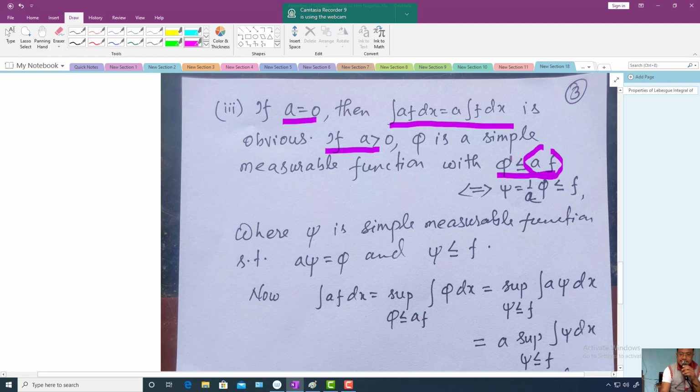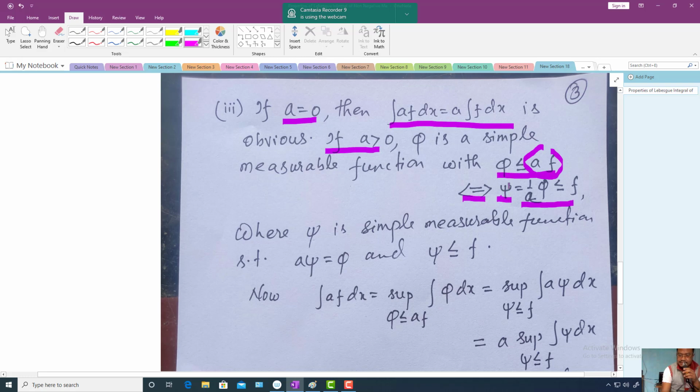Whenever you take one simple measurable function phi which is less than or equal to af, this is equivalent to the following: since a is positive, if you divide both sides by a, the inequality is maintained. So 1 upon a times phi is less than or equal to f. A simple function multiplied by a non-negative real number is also a simple function.